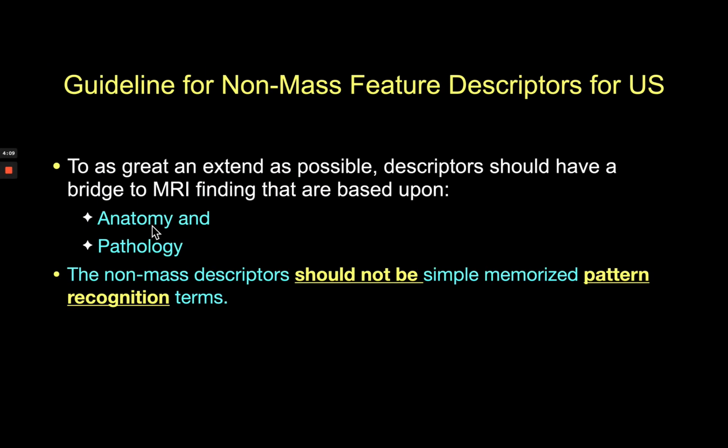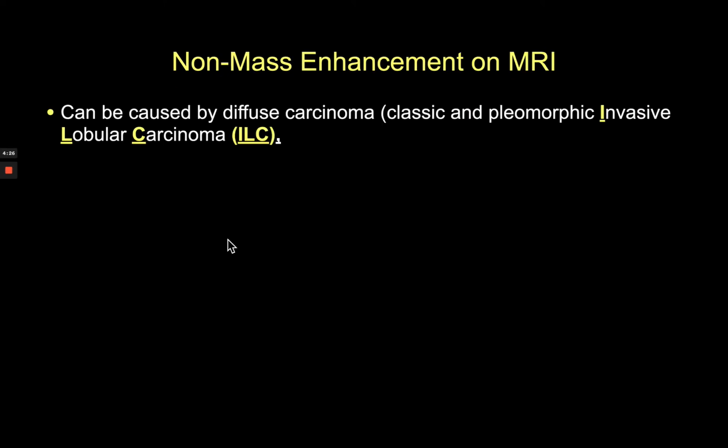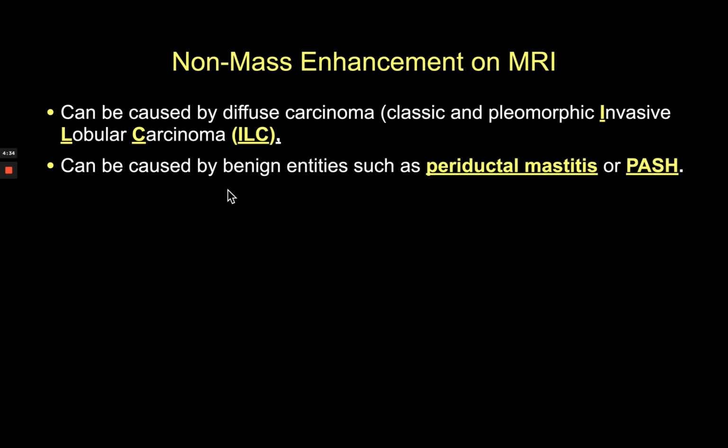So to as great an extent as possible, the non-mass descriptors that bridge NME on MR and non-mass descriptors on ultrasound should be based on anatomy and pathology. They can't be the dumb pattern recognition things that we tend to prefer in BI-RADS. So non-mass enhancement on MR can be caused by diffuse carcinoma, such as classic pleomorphic invasive lobular carcinoma.